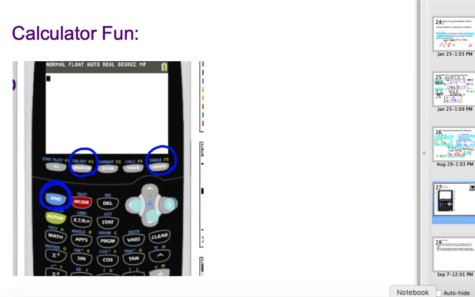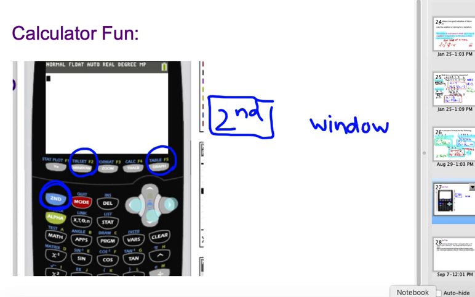Now I'm going to write a few things on the side here. For some things you're going to hit that second button, and then you're going to hit the button that says window. What you can't see very well on my picture, but maybe you can see on your own calculator, is that it says something like TBLSET.